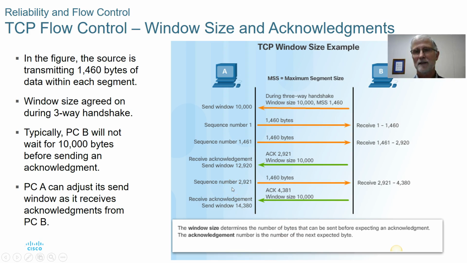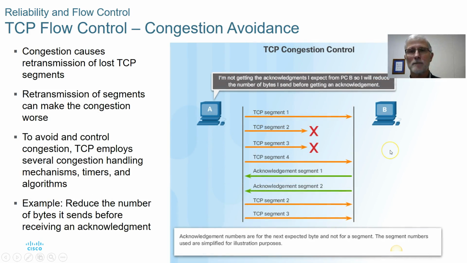So just an idea that you can identify the maximum segment size, and you can identify the window size for acknowledgement. That way I can send, okay, now it's time to acknowledge, send data. So as I get to certain numbers, then I can go through. Now, the other thing TCP does is flow control or congestion avoidance. Congestion says, hey, I've just noticed I've got lost segments, so then I've got to retransmit.